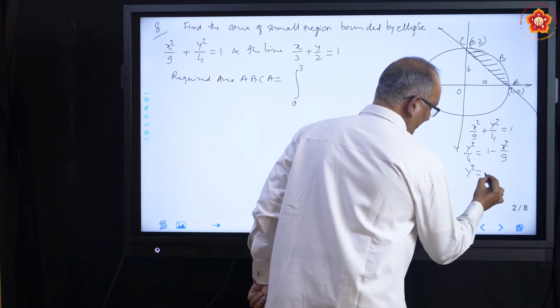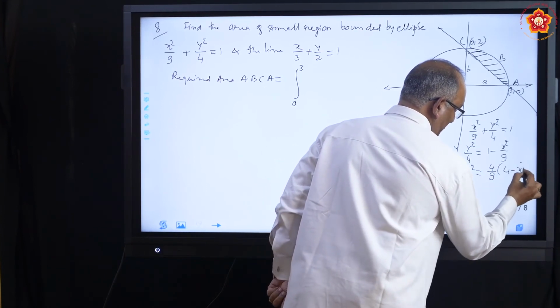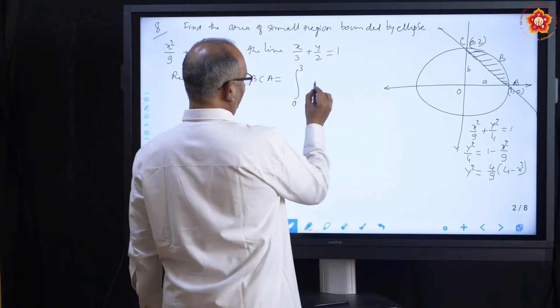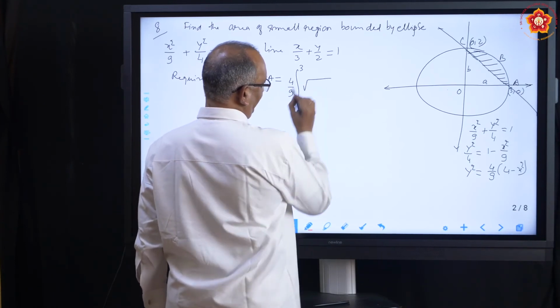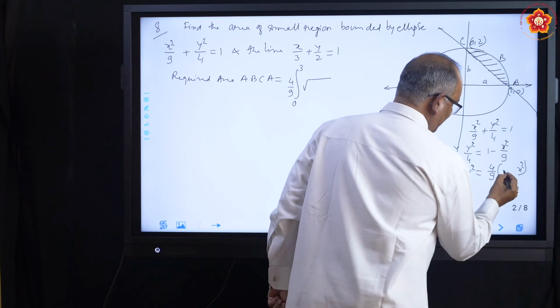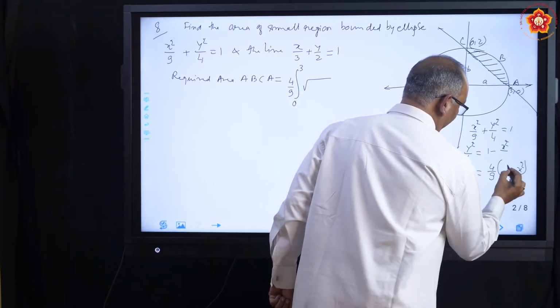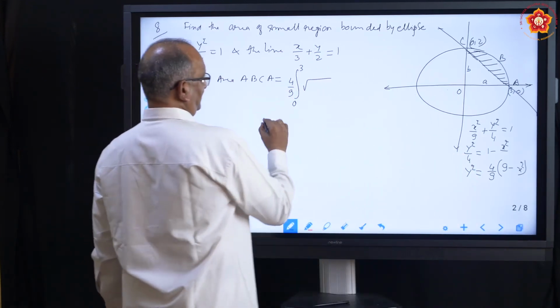You get y square equal to 4 by 9 in brackets 9 minus x square. So what is y? Y can be written as under root 4 by 9 under root of 9 minus x square, not 4 minus x square.